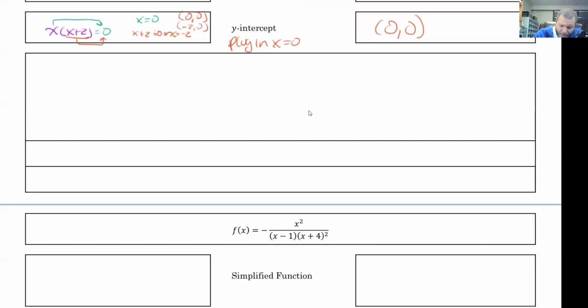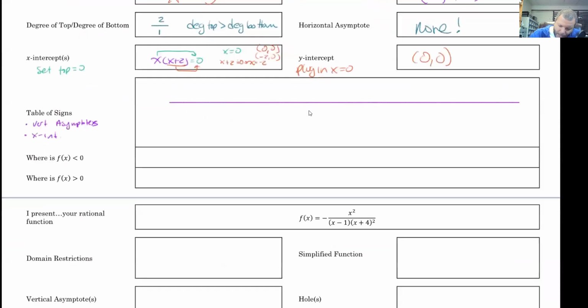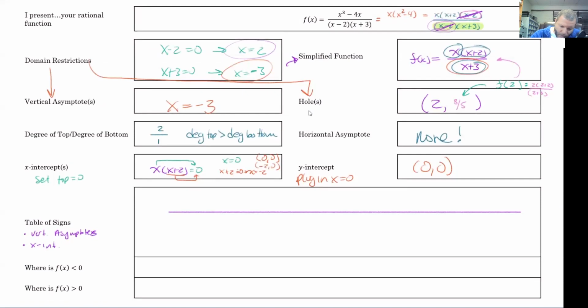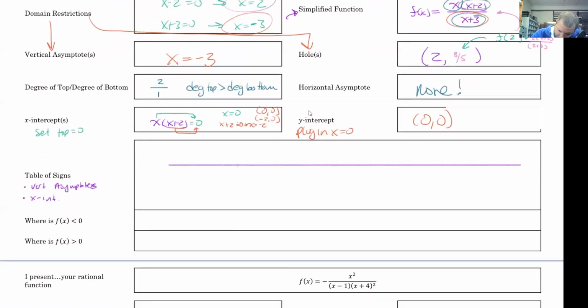So in our case, if we look at our domain of all real numbers, we had a vertical asymptote when x was equal to -3. We also had two x-intercepts, (0, 0) and (-2, 0).